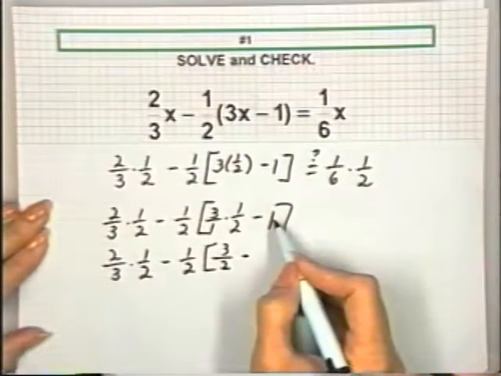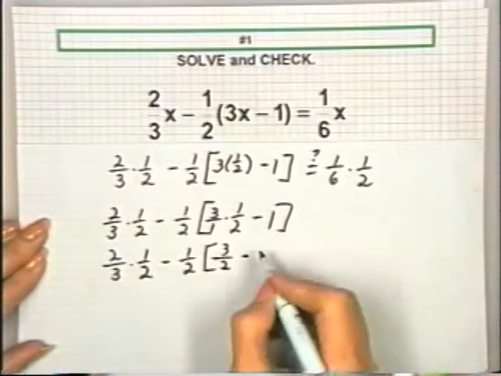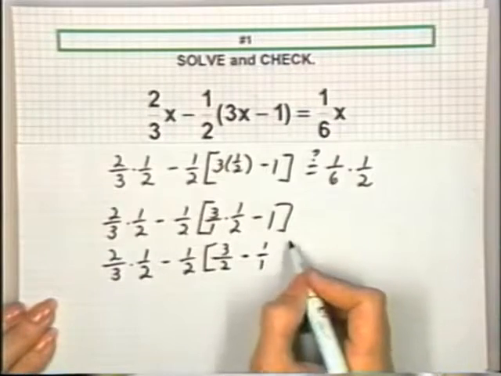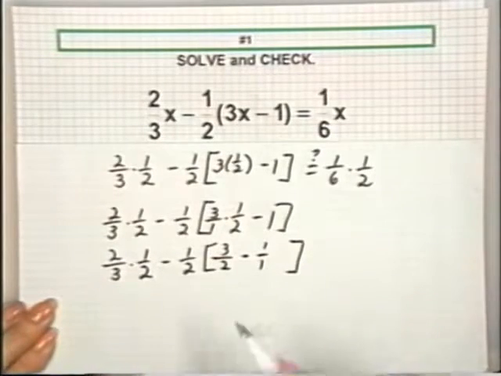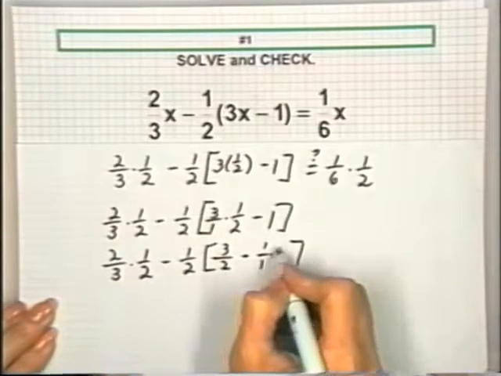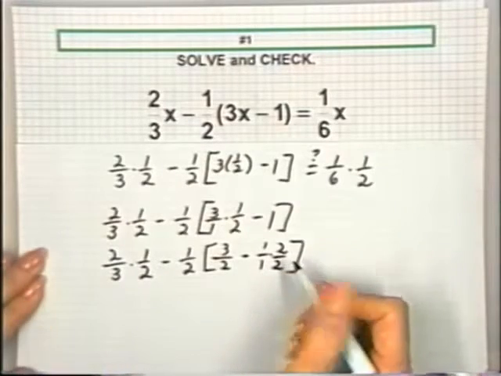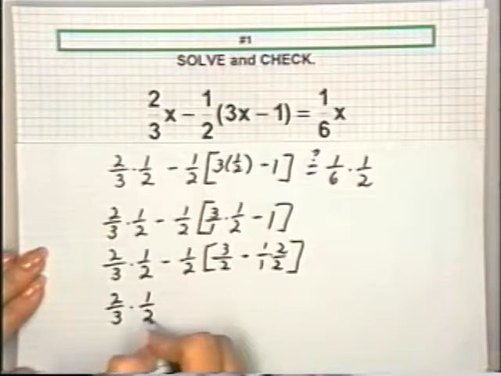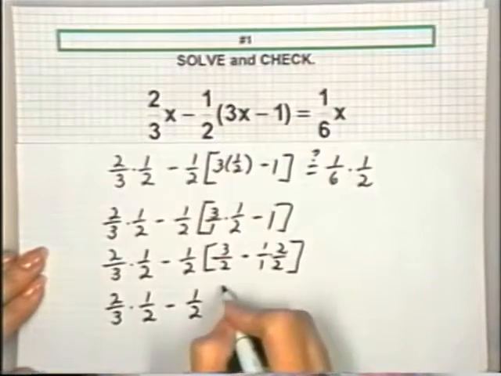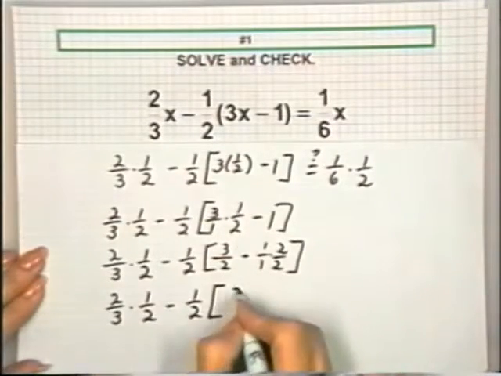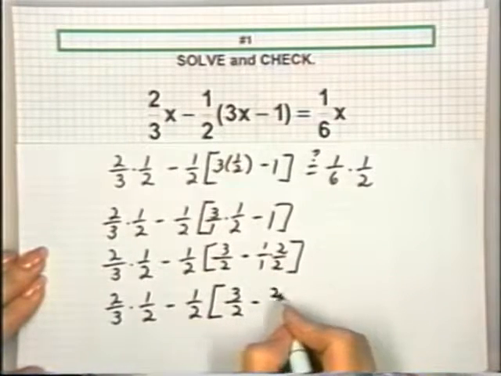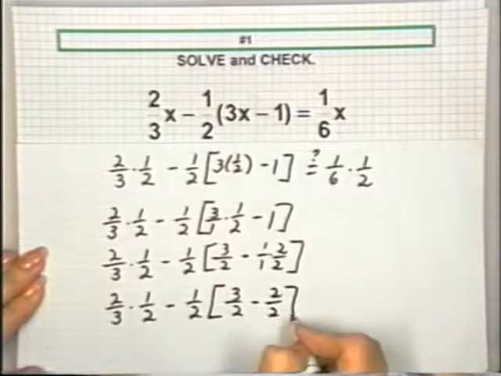Now I want to subtract the 1 from the 3/2. I will write the 1 as 1/1. I need an LCD to subtract, so my LCD is 2, so I will multiply by 2/2. So I will have 2/3 times 1/2, subtract 1/2, times 3/2, subtract 1 times 2 over 1 times 2.